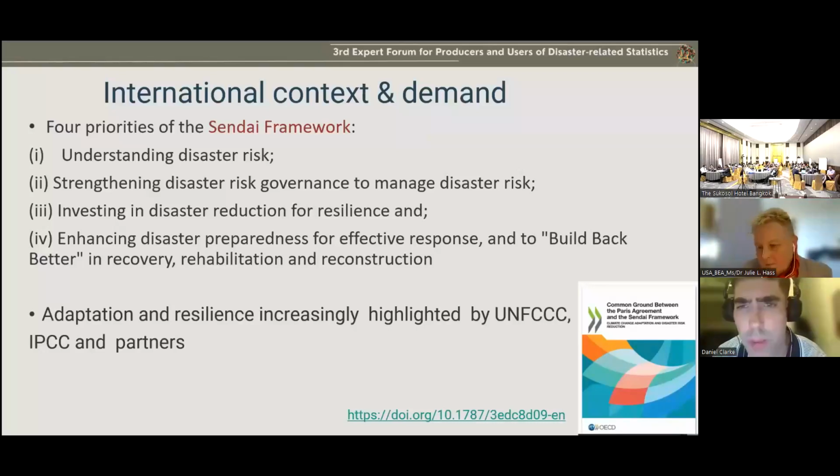If we go back to the Sendai framework, which kind of underpins all of this work, including the work on the disaster-related statistics framework, you see on the screen there the 4 priorities, and basically all 4 of them, but in particular the latter 3, refer to exactly this topic that we are talking about with disaster risk reduction, the interventions to reduce risks, and how we define and hopefully quantify them in terms of expenditure.